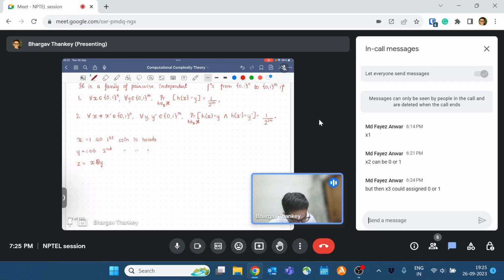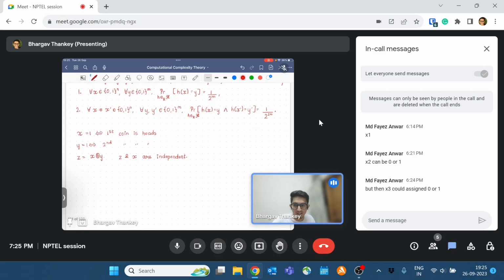So now Z and X are independent. Why? Because if X were 1, what is the probability of Z being 0? It's still half. And similarly, Z and Y are also independent.